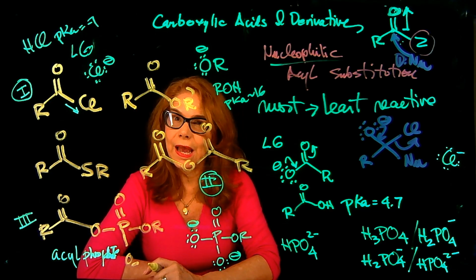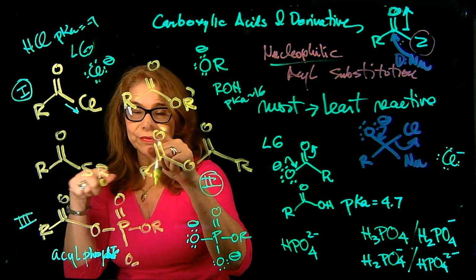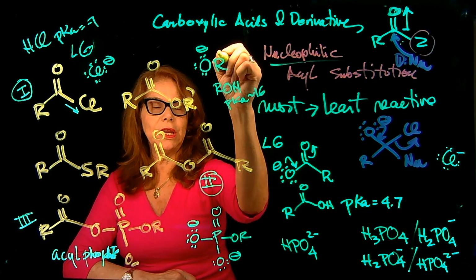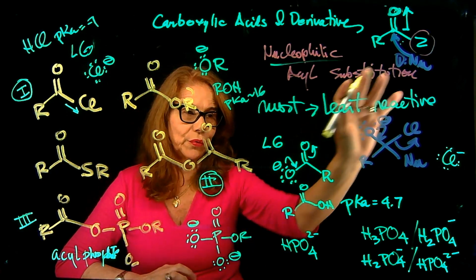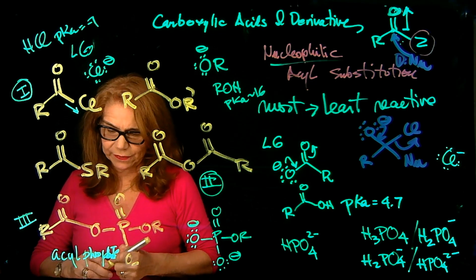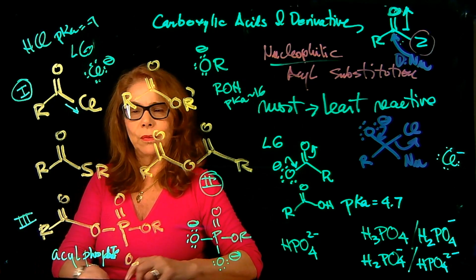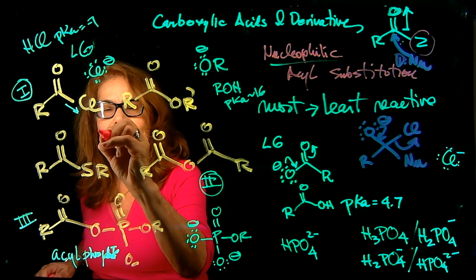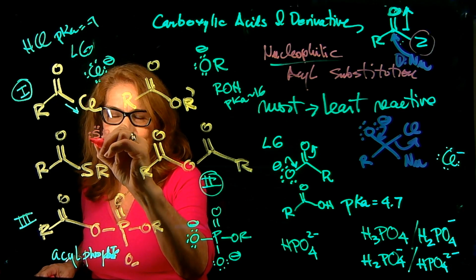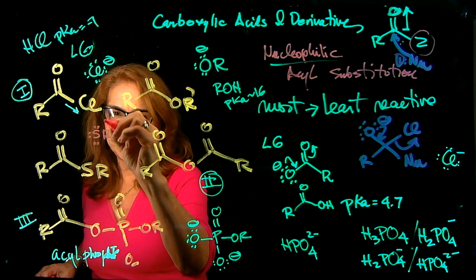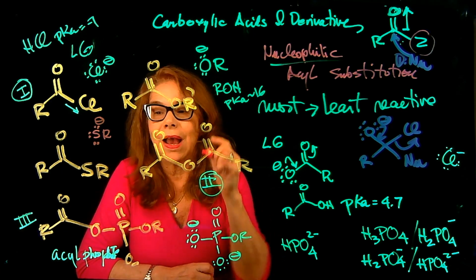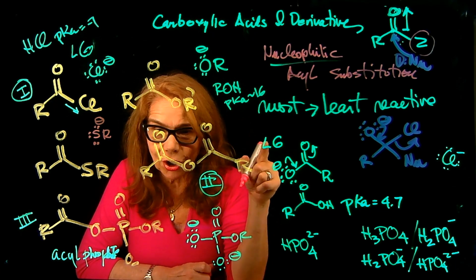Next, I still have these two, the ester and this thioester. We know the alkoxide is a poor leaving group under basic conditions. So what is the leaving group with a thioester? Now the leaving group will be SR, the conjugate base of a thiol. Thiols are more acidic than alcohols.